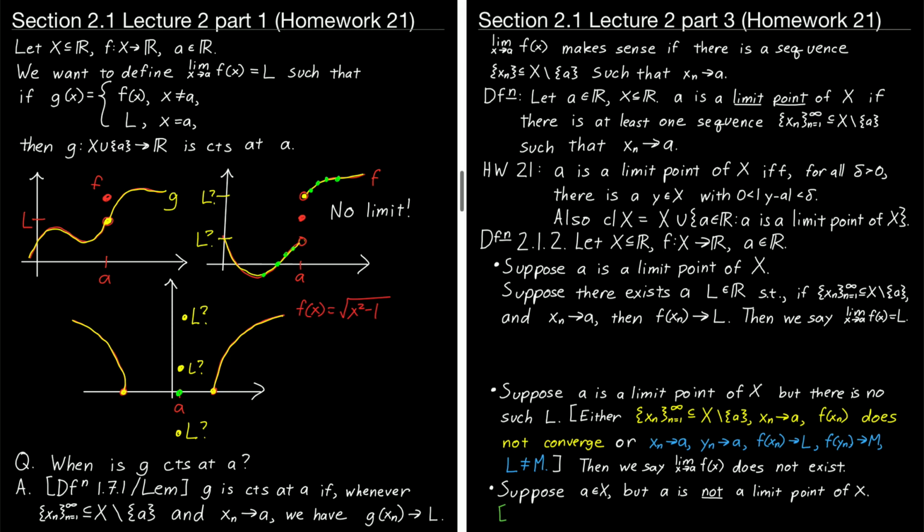We call those points isolated points of X. And if A is an isolated point, then we don't have any sequences that are converging to A, so we don't have to worry about what happens on those sequences.